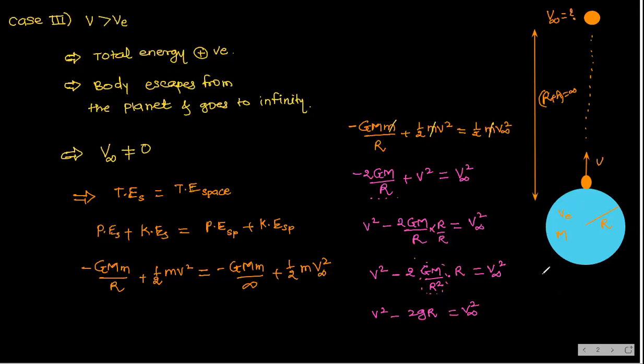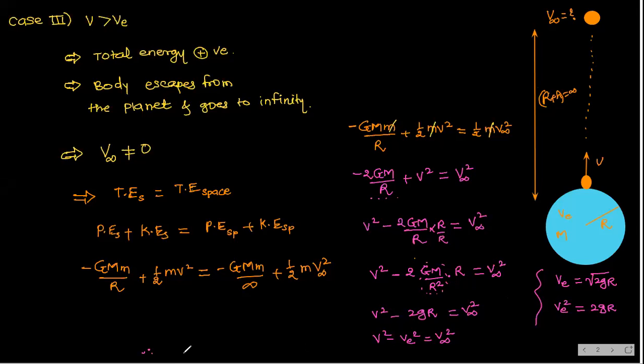Now we have one formula. What is that? Escape velocity formula. Under root 2gr. So if I will square on both sides, what I am getting? 2gr. So can I substitute here v e square? Yes or no? v square minus v e square is equal to v infinity square.